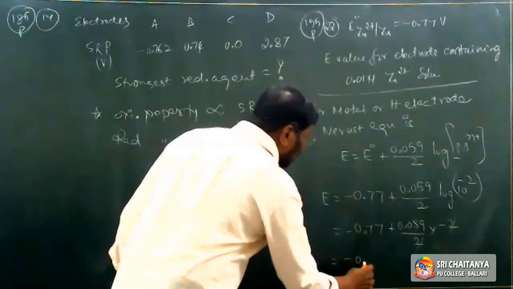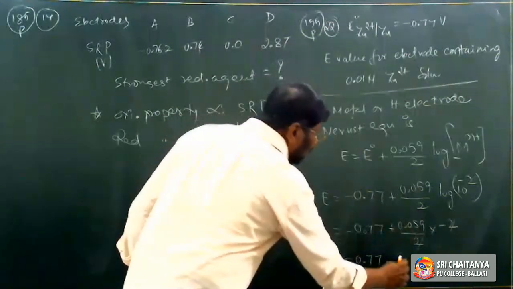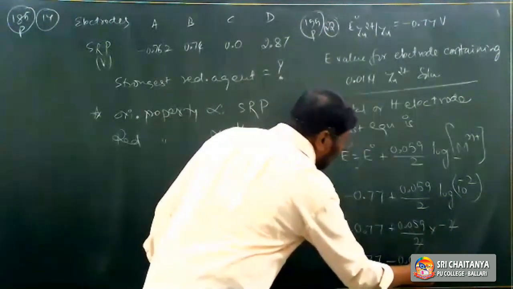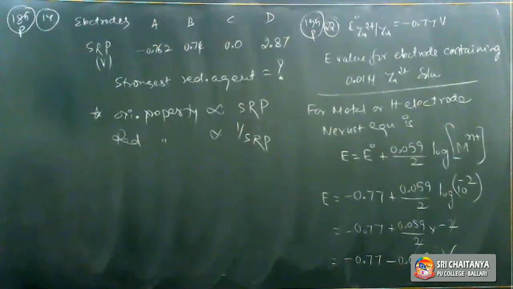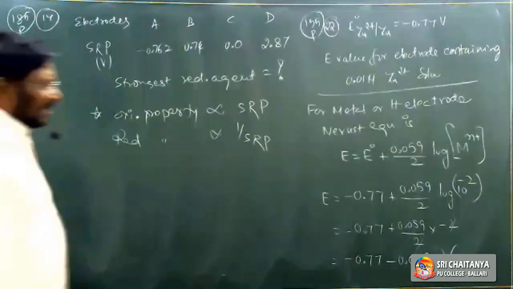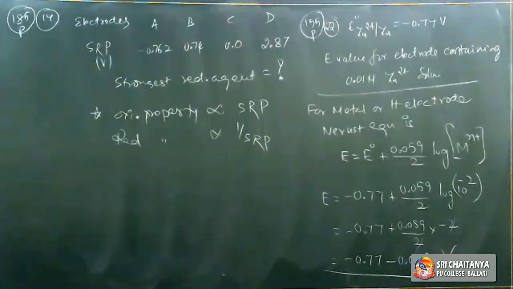So minus 0.77 minus 0.059 volts. Simplify and see the answer. So this is another one. Remember it and go through it.